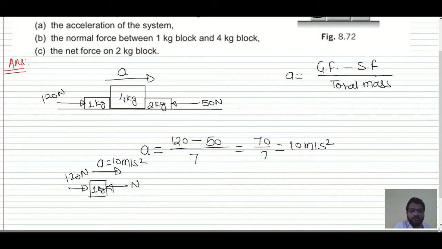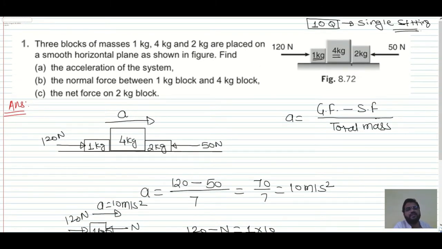This normal force is between 1 kg and 4 kg. So 120 minus N is equal to 1 into 10. So N is 120 minus 10, which is equal to 110 Newton. This is the normal force between 1 kg and 4 kg.